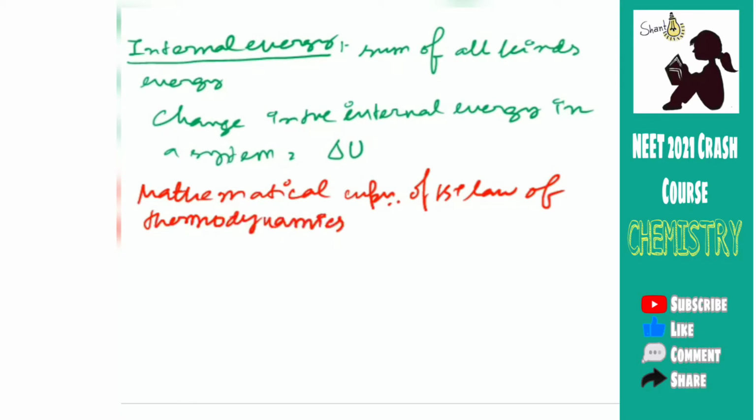It will be del U equal to Q plus W. Now I have already told you what del U is, and you know Q is heat and W is work done by the system.